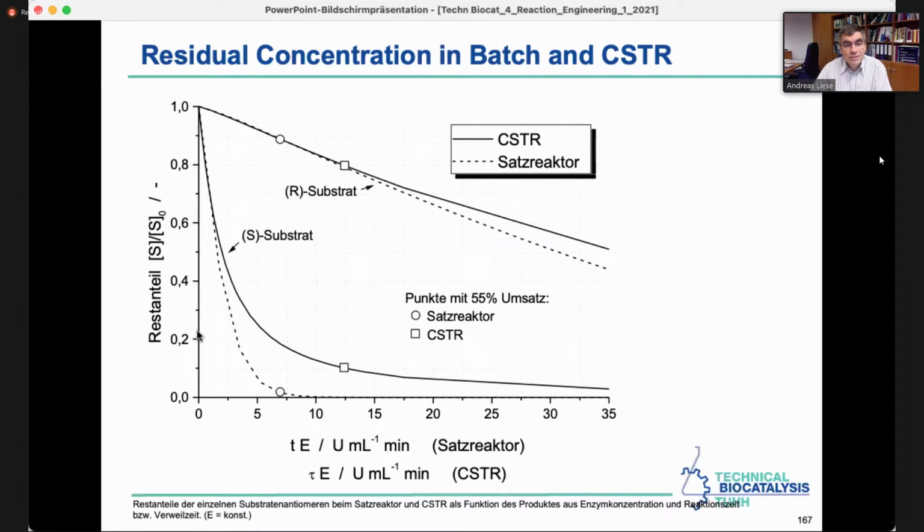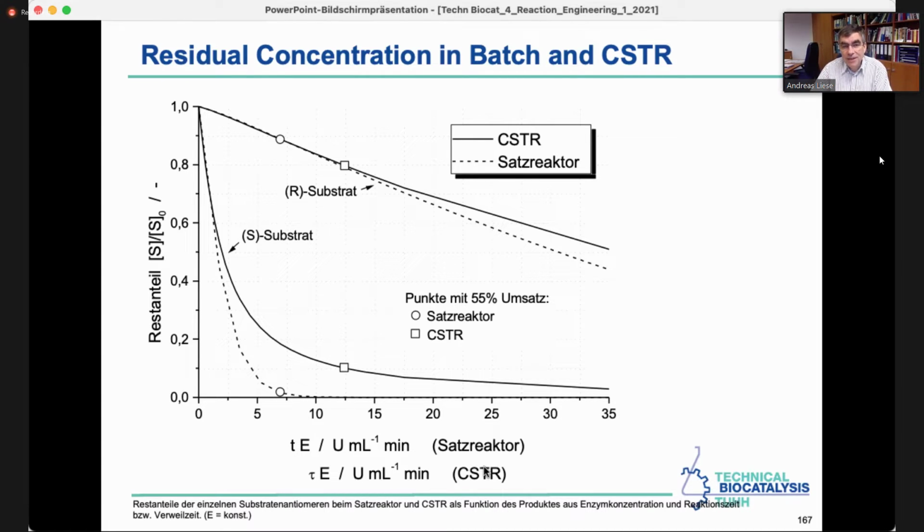Now we're looking just at this dashed line, and for a comparison point, we have selected a conversion of 55%. Then we have almost none of the S left, and our target, the very slowly converted R, has a residual concentration of 90% of the R substrate, whereby the S has almost reacted away.